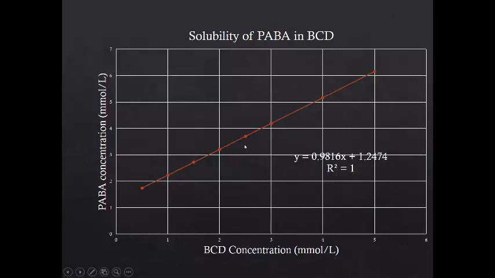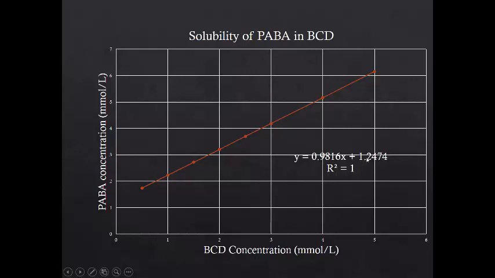Now we know the relationship, and it makes a nice straight line, our beta-cyclodextrin concentration versus our PABA drug concentration. If we use our computer or calculator to run a line of regression, we get the representation y equals mx plus b. M is our slope, and b is our y-intercept.